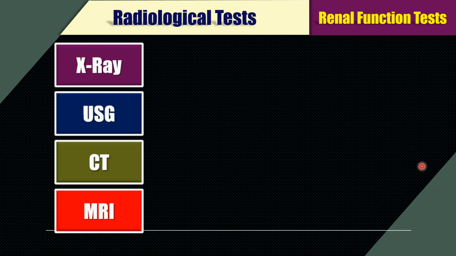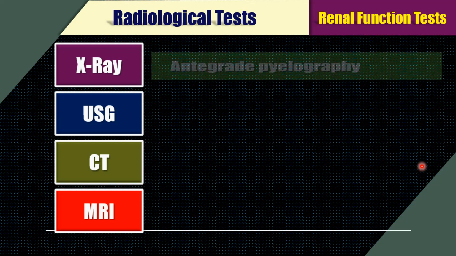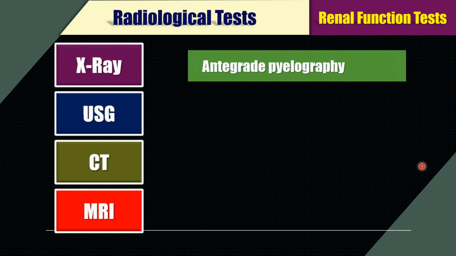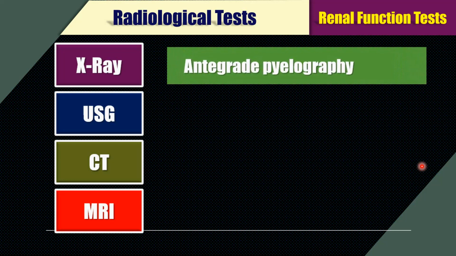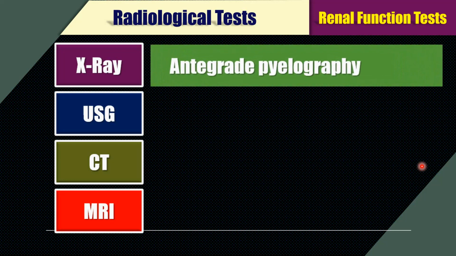Another radiological test is called antegrade pyelography, which is an ultrasound guided injection of contrast medium into the cavity of the kidney called the calyx, located in the pelvis, to study functions of the kidney.